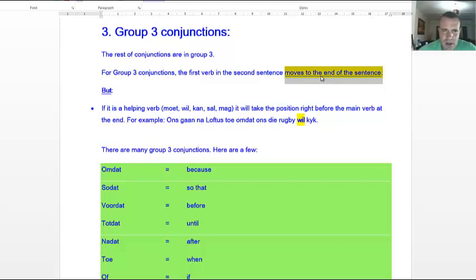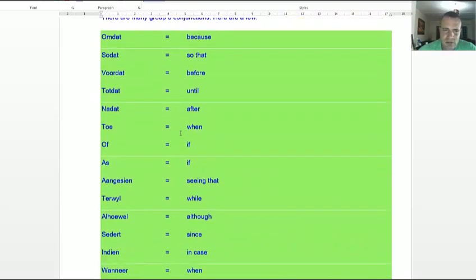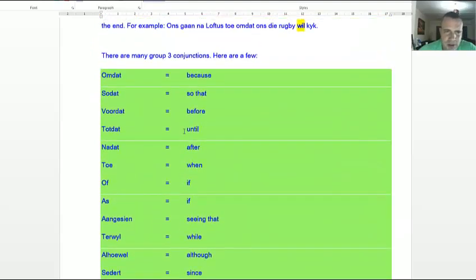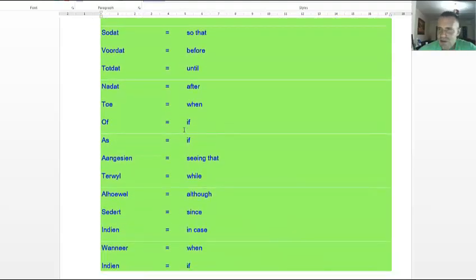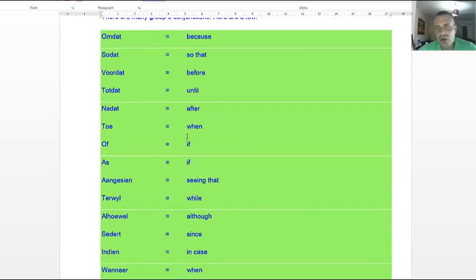Okay? So there's no way you can make a list of group 3 conjunctions, but there are obviously some common ones, and I picked them out for you. And if you know these ones, you're gonna get this right most of the time. But if you know group 1 and you know group 2, then you know it must be in group 3.